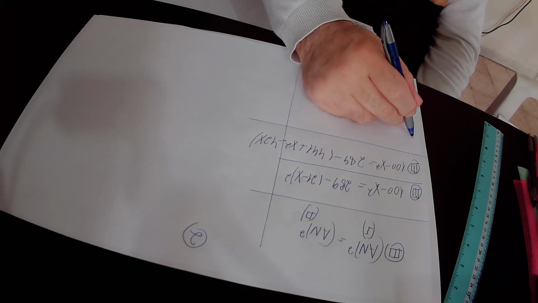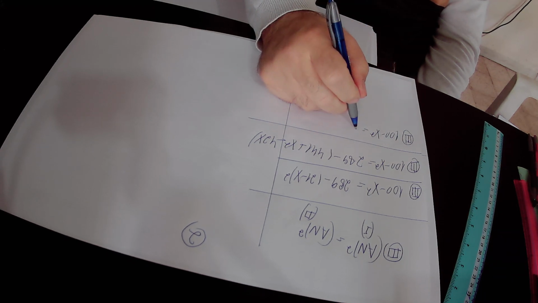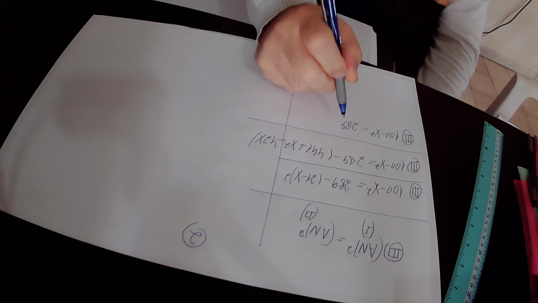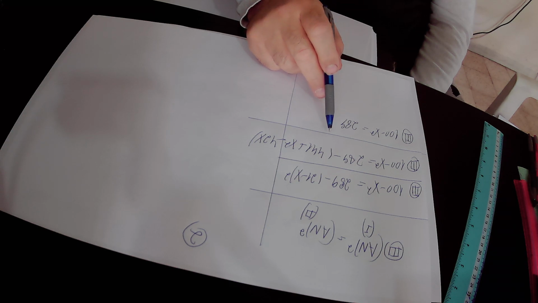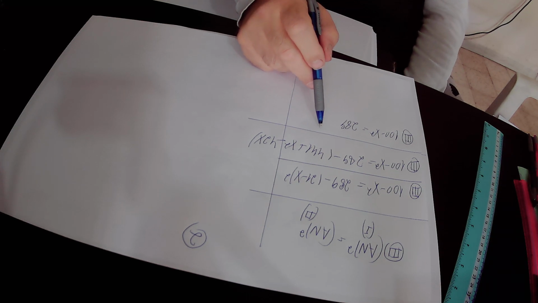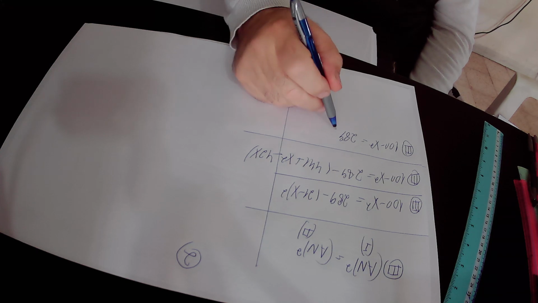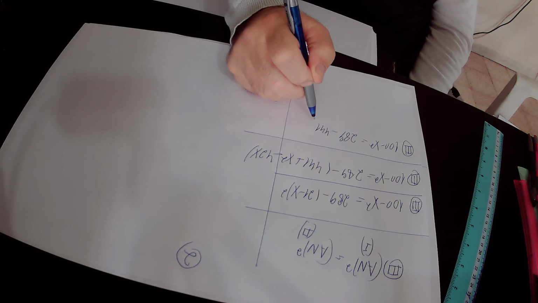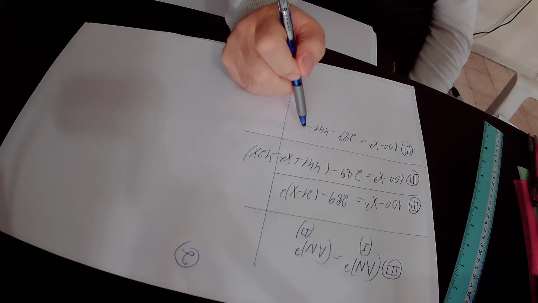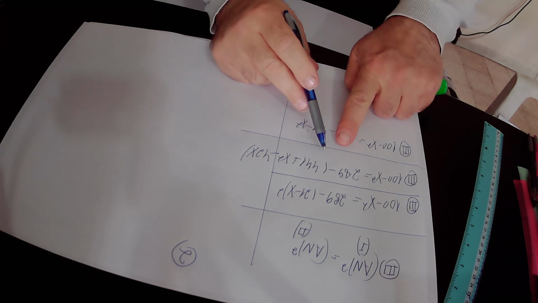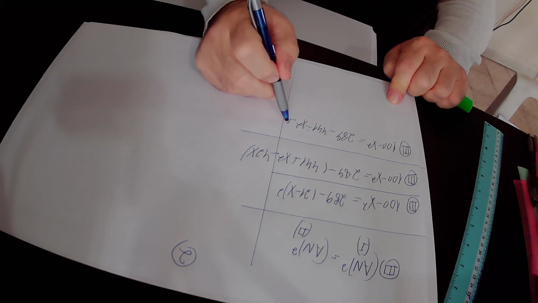So according to equation 3, 100 minus x squared equals 289, and here we have minus before the brackets, so we open them: minus 441, minus x squared, and minus times minus is plus, so plus 42x.